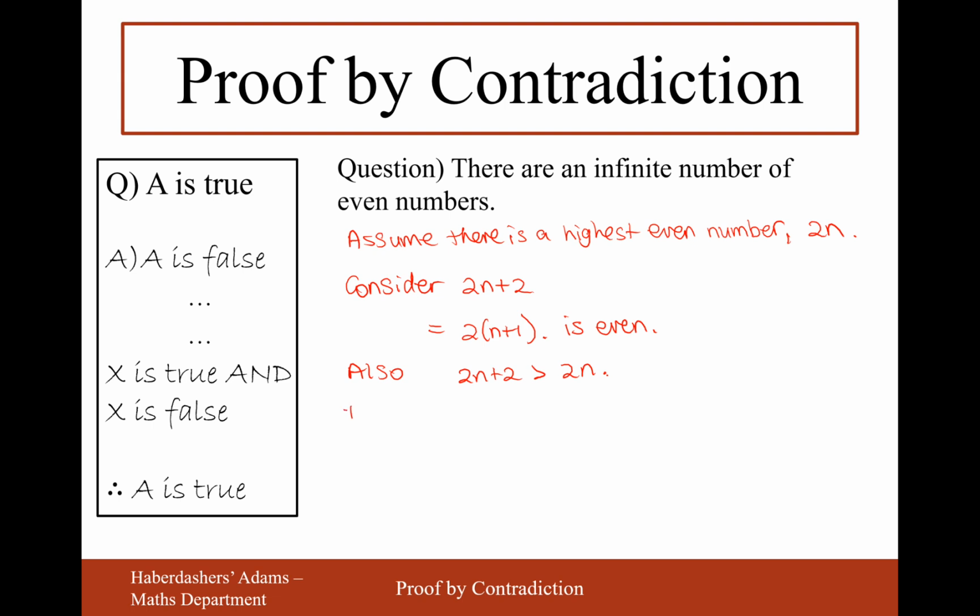So therefore, 2n plus 2 is larger than 2n. And to really prove the contradiction here, 2n is not the highest even number, because you can always just add 2 to get to the next even number. It's not the highest even number.